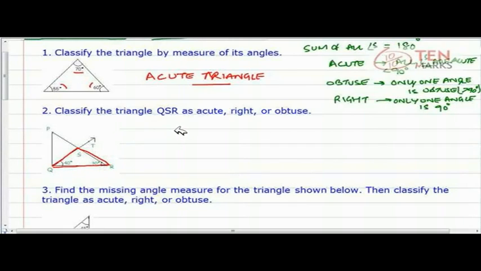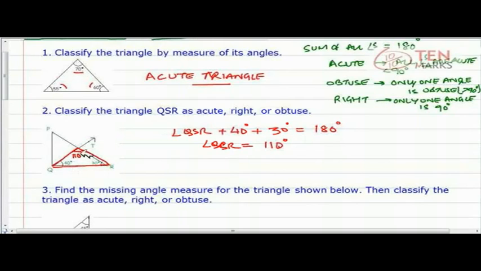That means angle QSR, which is this angle right here, plus 40 degrees plus 30 degrees equals 180 degrees. Which means if I subtract 40 and 30 from this side, I'll get angle QSR equals 180 minus 70, which is 110 degrees. So I know this angle is 110 degrees.